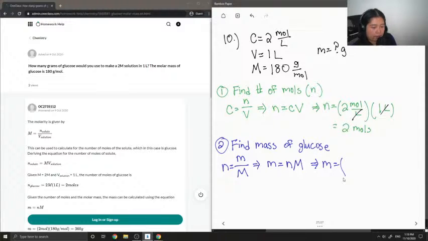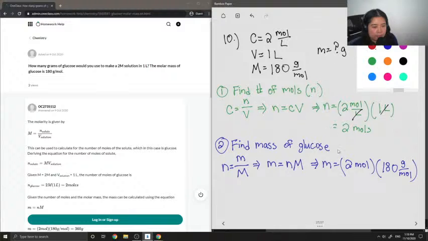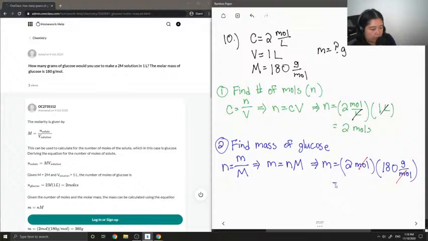So we calculated the number of moles in the previous step to be 2. And the question also gave us the molar mass of glucose, which is 180 grams per mole. So again, if you multiply the two values, you'll notice that our moles will now cancel out, and we are left with a value that is in grams.